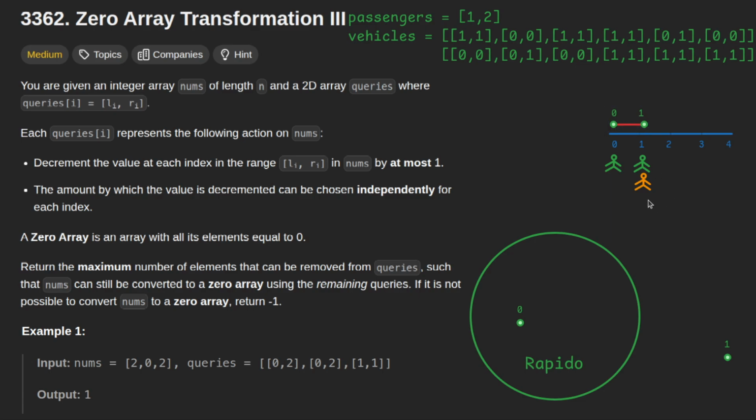Once Rapido comes here, it takes all the people who are ready and it leaves from here, right? It leaves to home. Now this state is green.